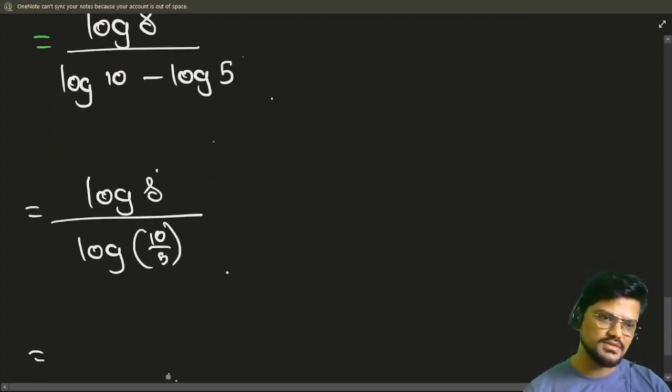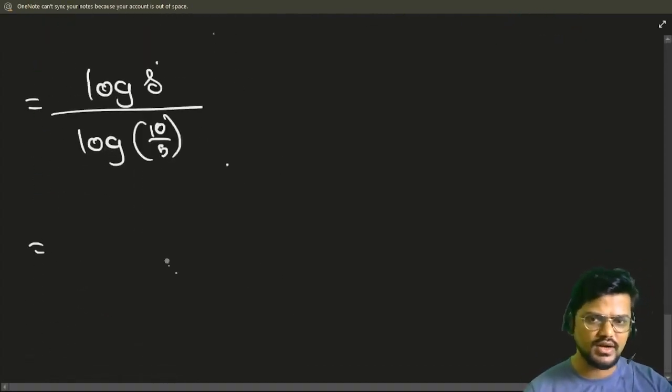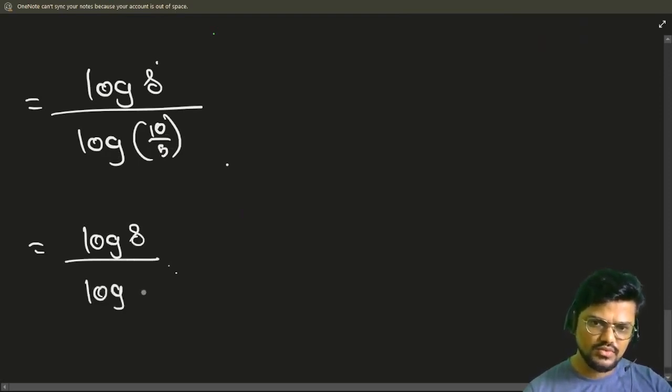It depends whether they have asked you to prove something or if they have only asked to simplify. Then this much is sufficient. But if proof is required, then this is log 8 upon log of 10 by 5, that is log of 2.